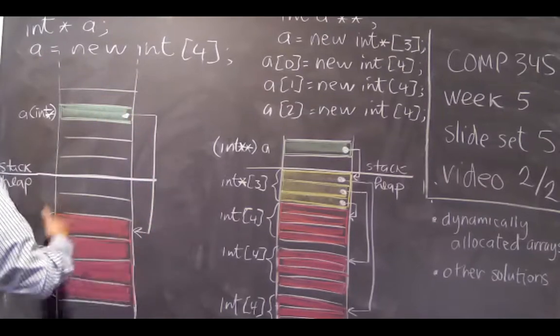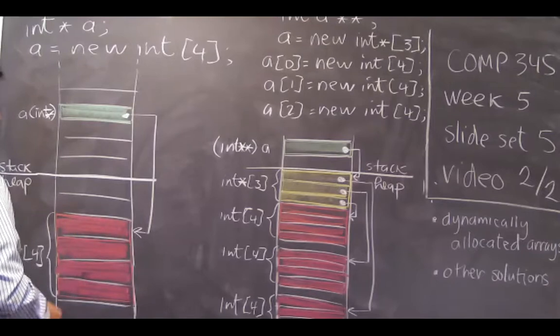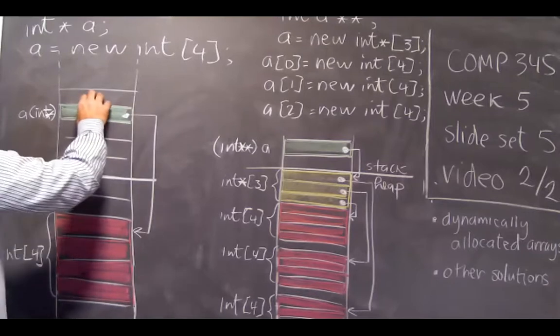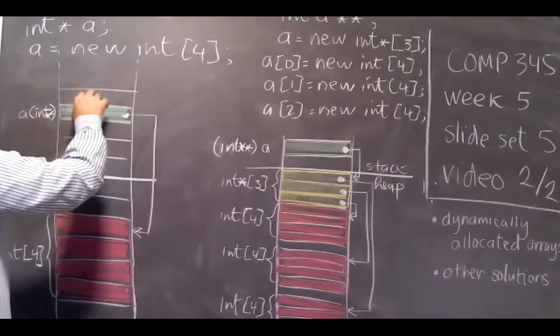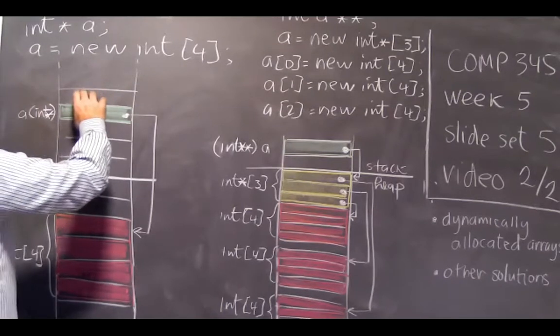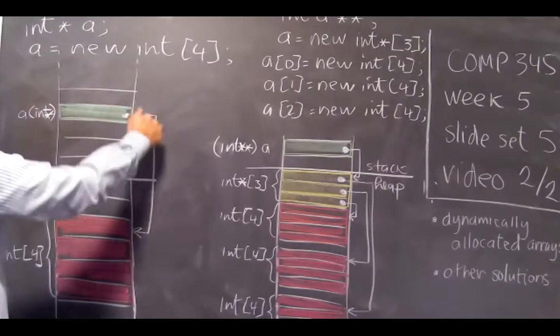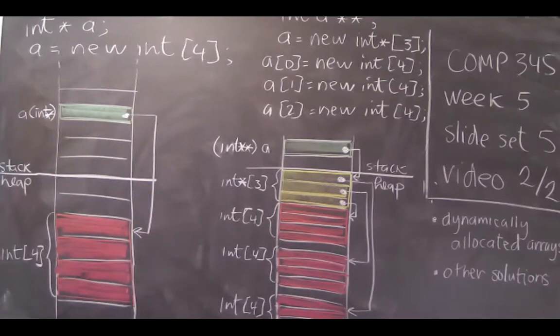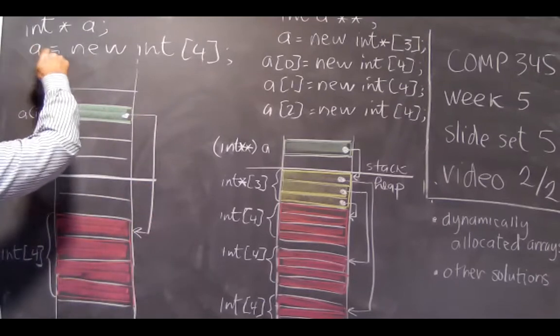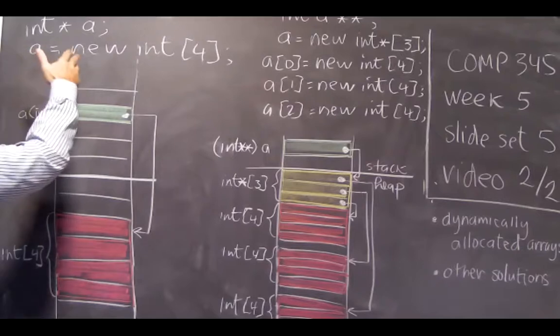So this would be a memory leak. The pointer itself would be freed automatically by the runtime system because it resides on the stack, but the array would not be freed unless you actually call delete.